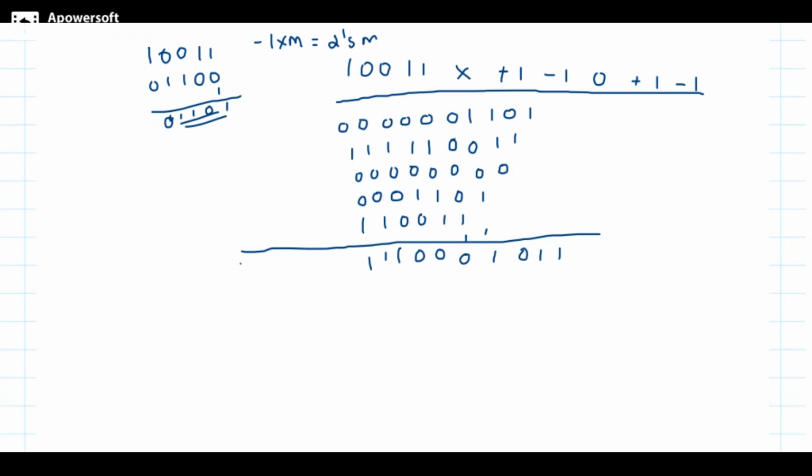So I can say that the magnitude is 117, but the sign is minus, since the MSB bit is 1. So minus 117 is 1 1 1 0 0 0 1 0 1 1. So the final product is minus 117.